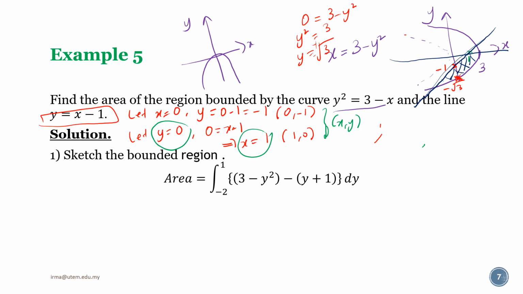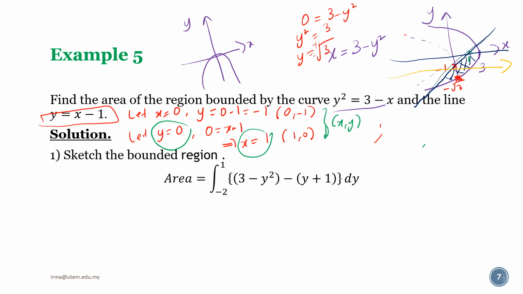Before we find the limits of integration, we need to define which function is bigger. Just now we drew a line parallel to y, but this time you need to draw a line parallel to the x-axis.